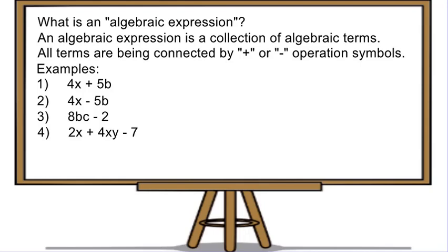As you can see, in an algebraic expression, we may have as many algebraic terms as possible. It might be 1, or it might be 5, or it might be 10. There is no limit to it.